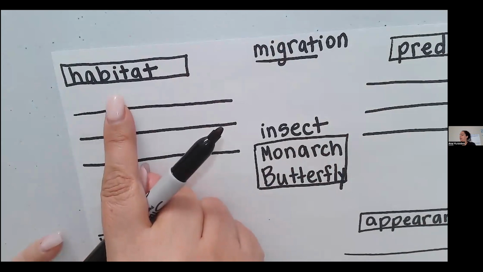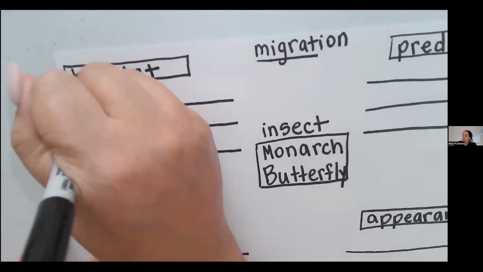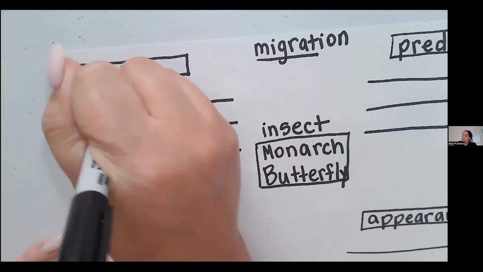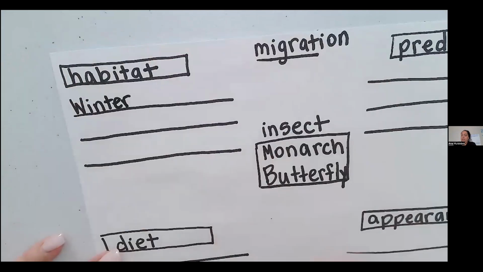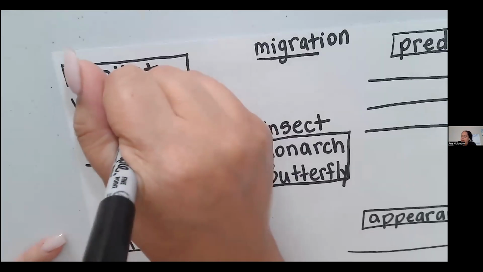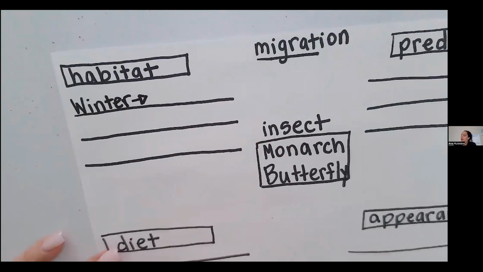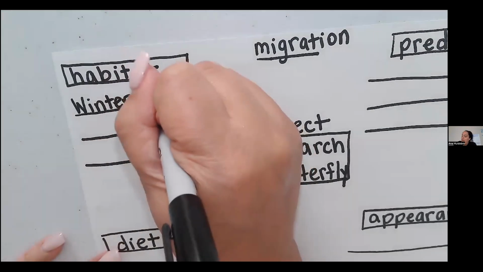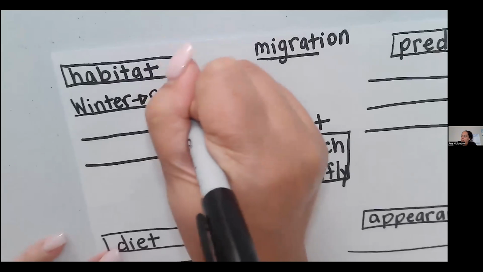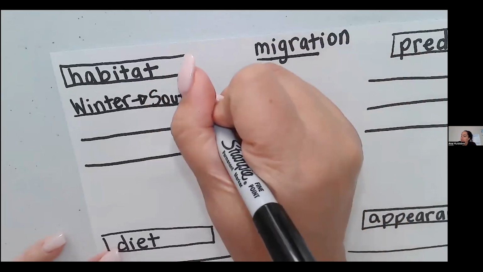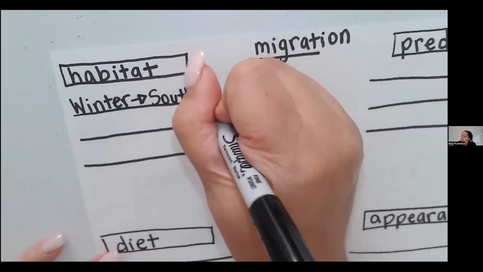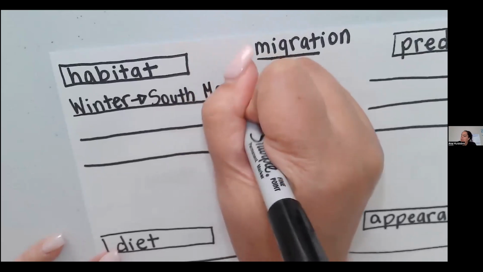So in winter, in the cold months, in winter, I'm going to put a little arrow. They go south, often to Mexico. I'm not going to write often because this is just some notes.